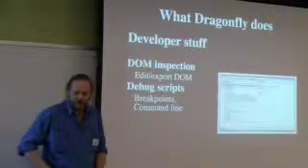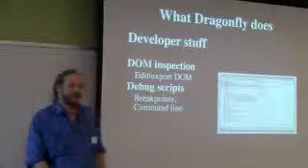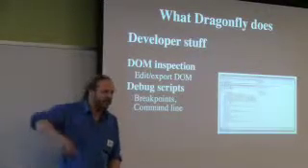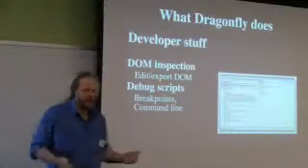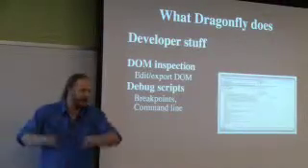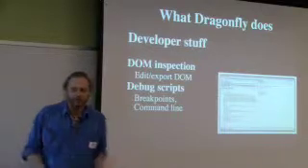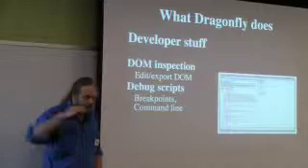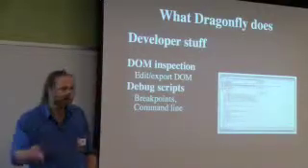And what does it do? Developer stuff. You can edit the DOM, you can export the DOM, you can poke through it. You can do script debugging, you can put in breakpoints, you can do command line stuff. I'll do the little talk bit and then I'll sort of open it up, and if it doesn't crash because I'm running like the latest ever version of the browser, then we'll play with it a bit. But you've got a command line so you can actually step through stuff, and you've got a few commands so you can look at the objects that you've got.